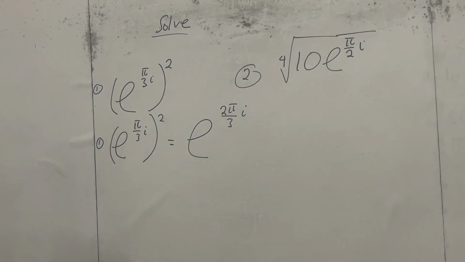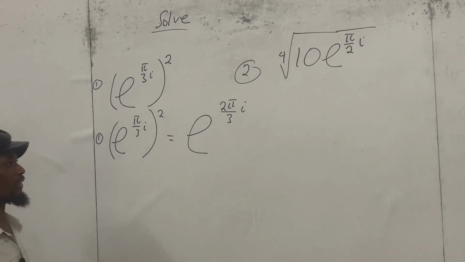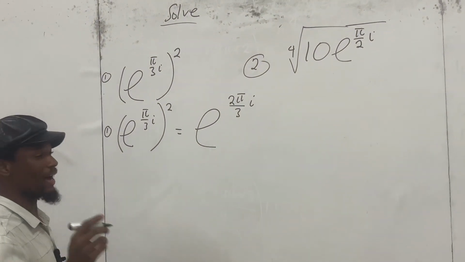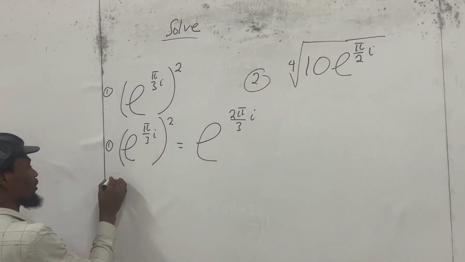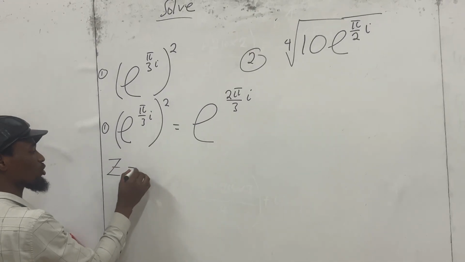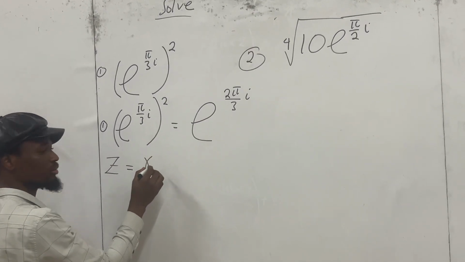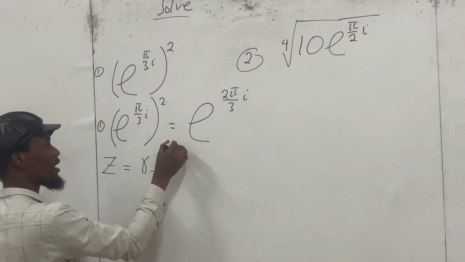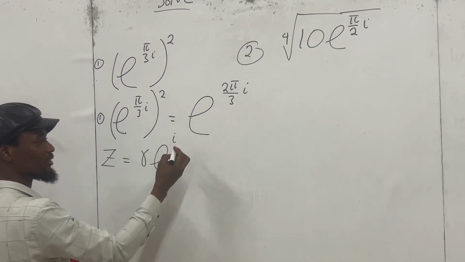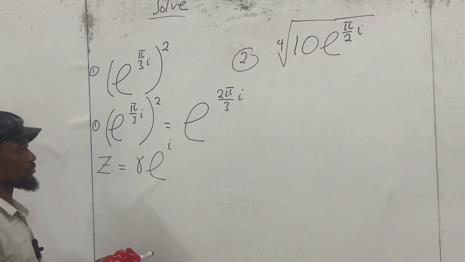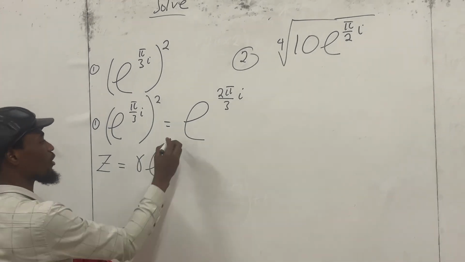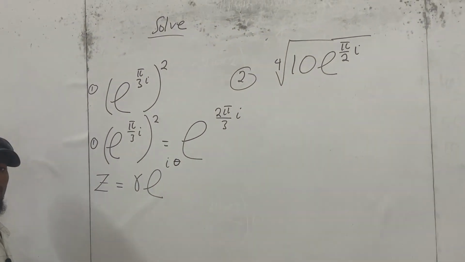That's what it means. Good. So we already know that complex number z is equal to r, then exponential i theta, right?